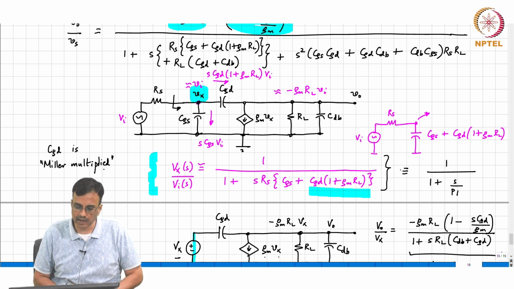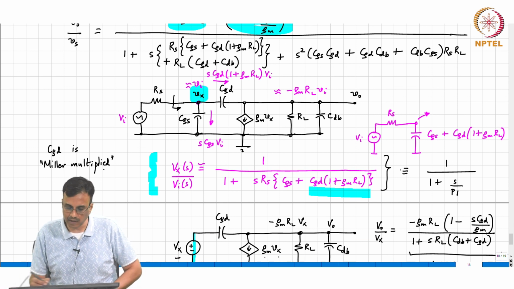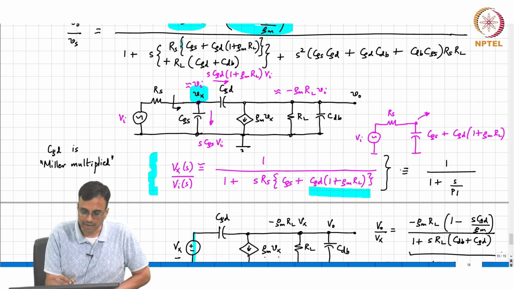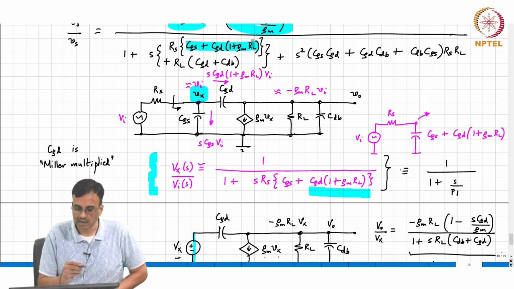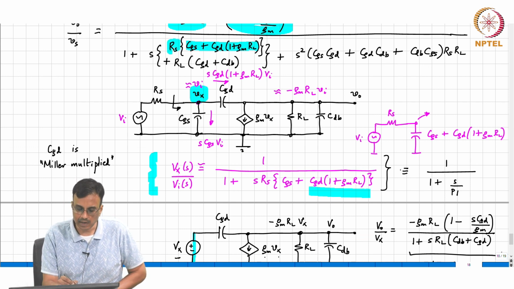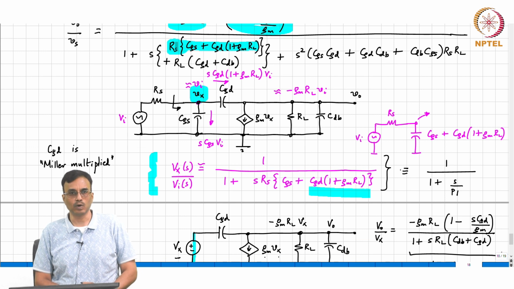Therefore, the time constant associated with that first node is nothing but RS times the effective capacitance, which is CGS plus CGD times (1 plus GMRL), times RS. That is the time constant at that node.